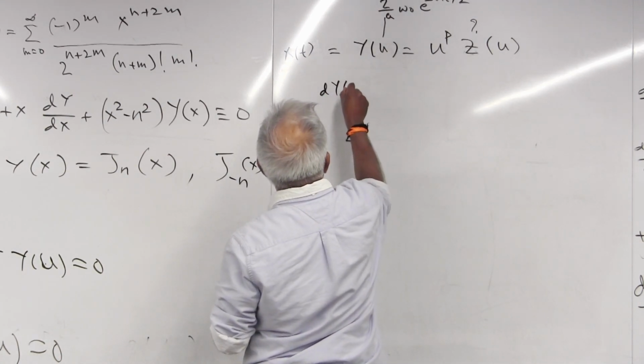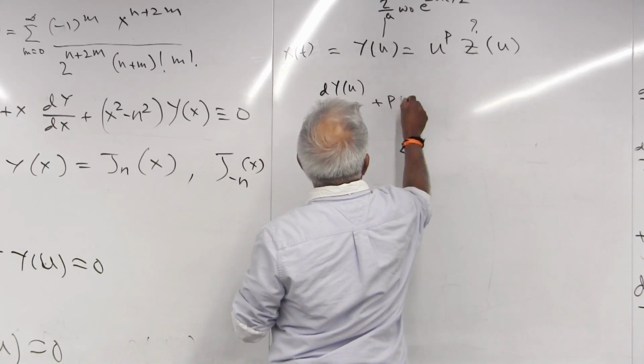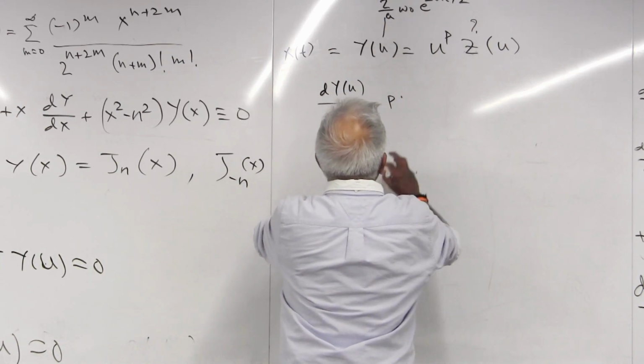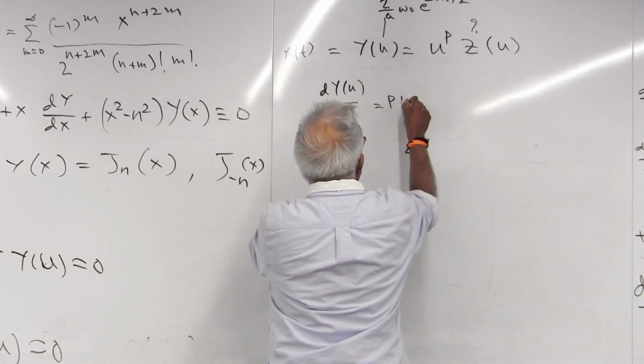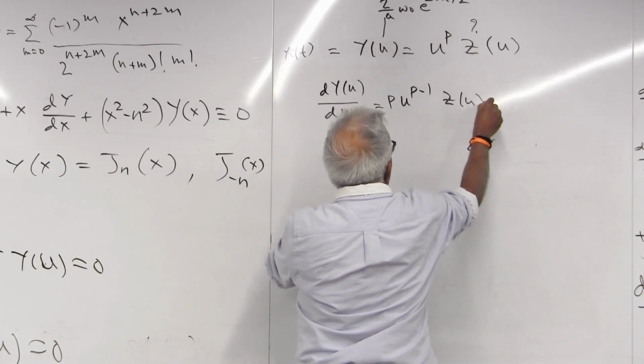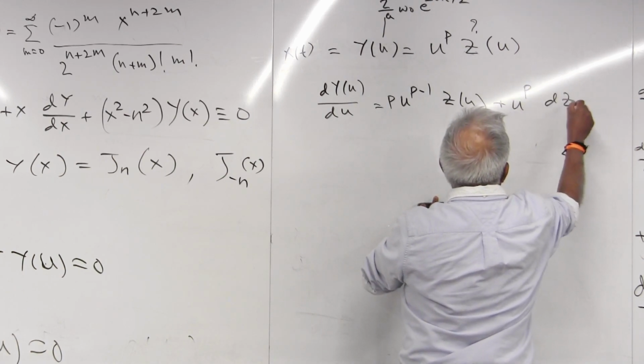Notice that dy by du would be p u to the power p minus 1 z(u) plus u to the power p dz by du.